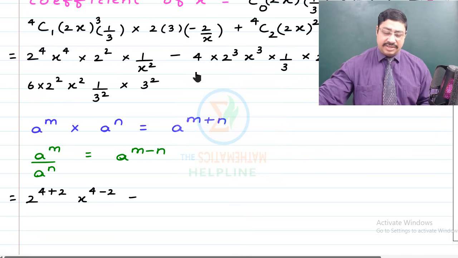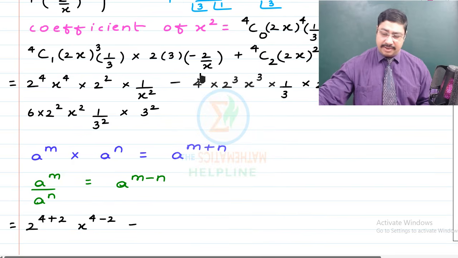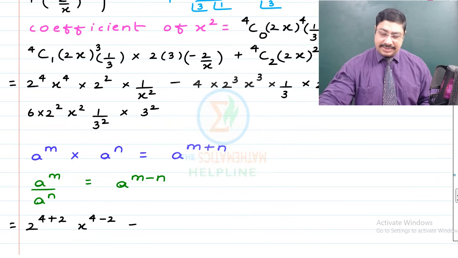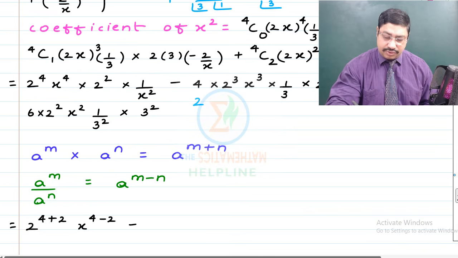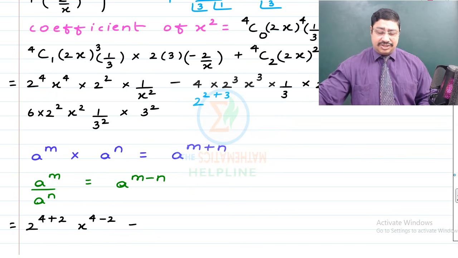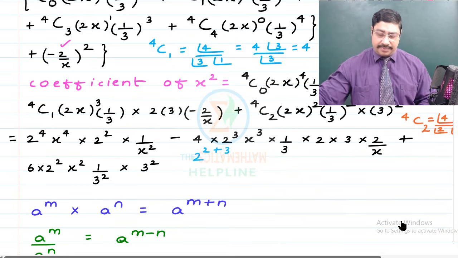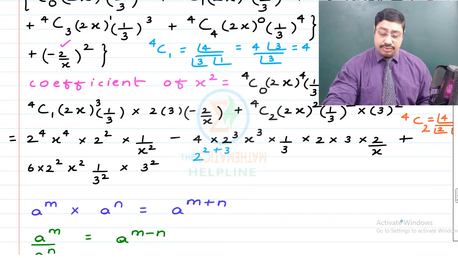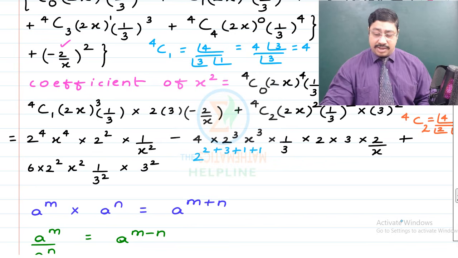If you see, 4 is just the same as 2 square, right? So we will write this down here. That is, we have 2 square here, children, and then that further gets multiplied with 2 raised to the power 3. So as such, we will add to this 3, right? And now we have one more 2 and another 2. So as such, plus 1 is going to be written here, right?